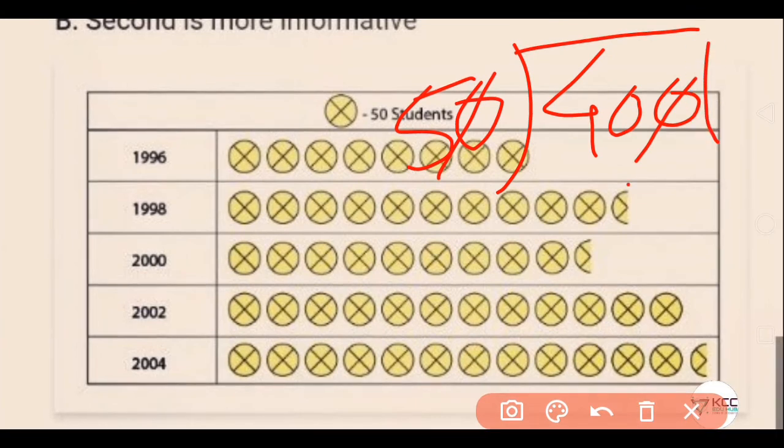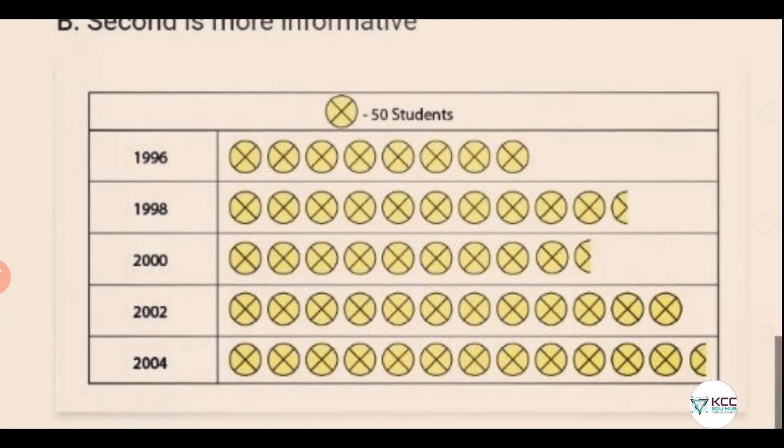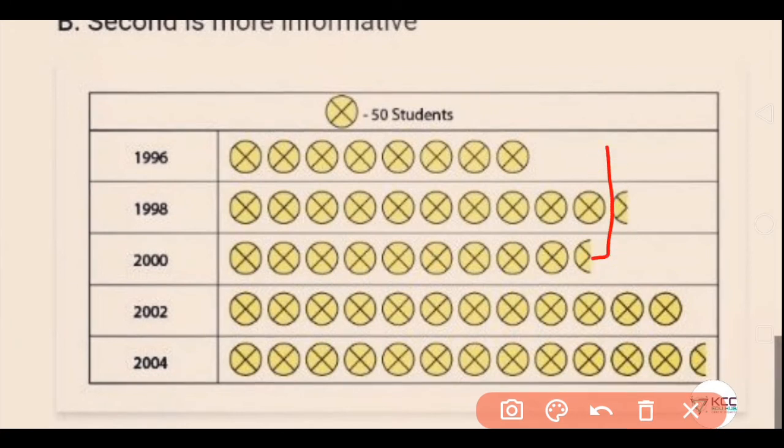Now in 1998, 535 students are there. 535 means 500. For 500, we draw 10 symbols, because 10 5s are 50, that is 500, and this half.